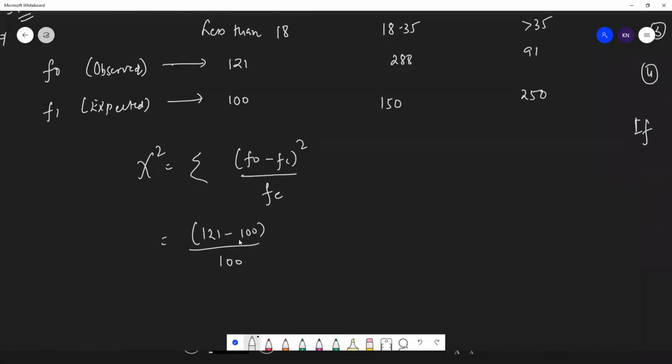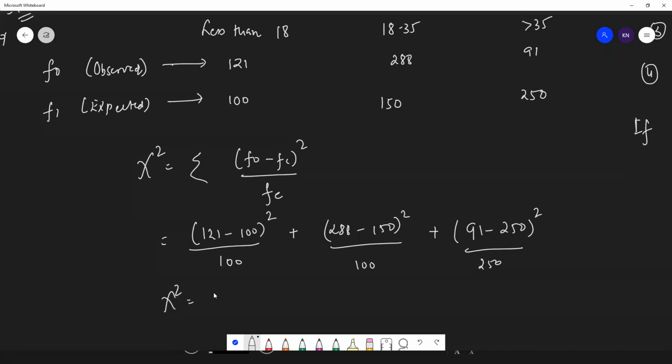Now 121 minus 100 whole squared divided by 100, plus, what is the second one? Frequency of observed is 288. 288 minus 150 whole squared divided by 150, plus 91 minus 250 whole squared divided by 250.